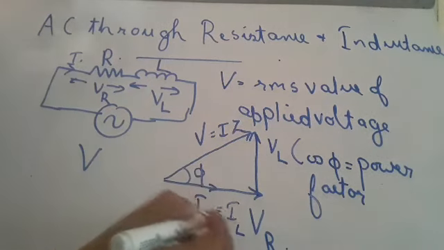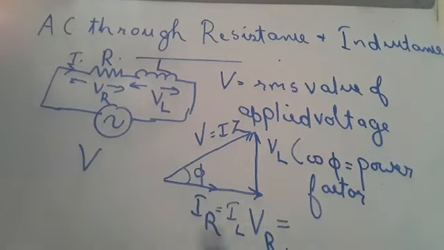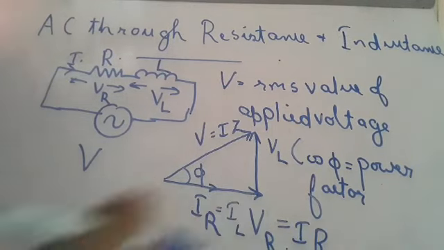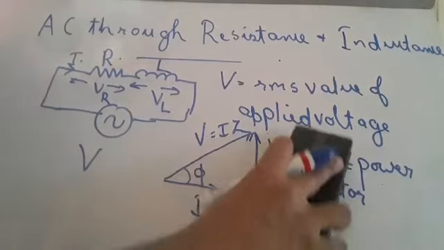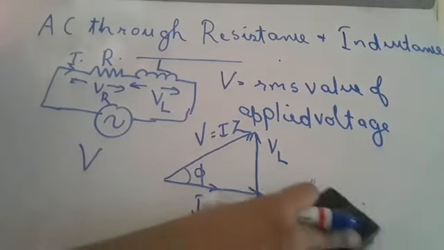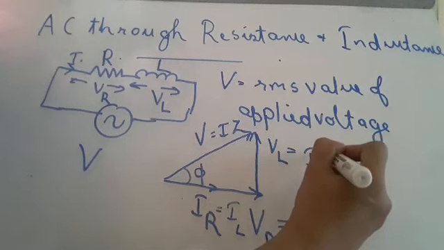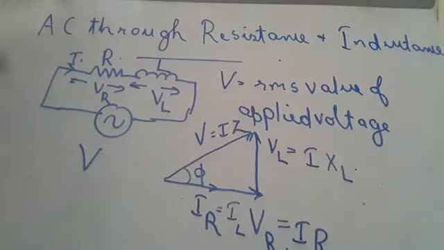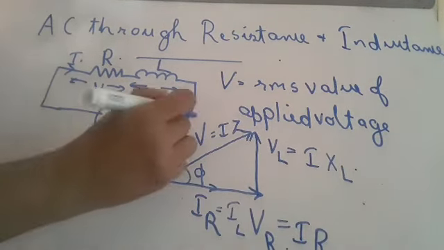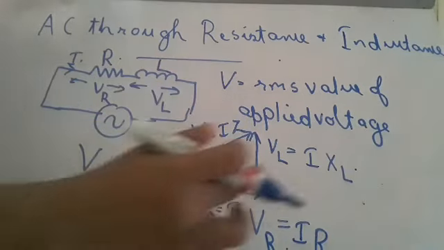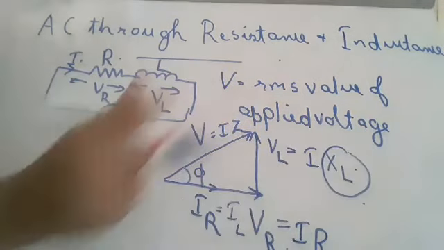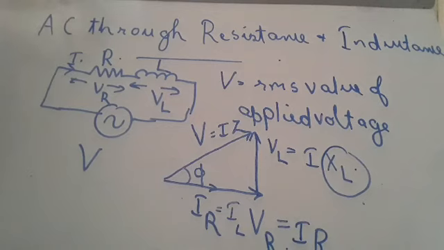So VR is equal to I into R, and VL is equal to I into XL. Total voltage is I into Z. XL is the inductive reactance of the circuit.